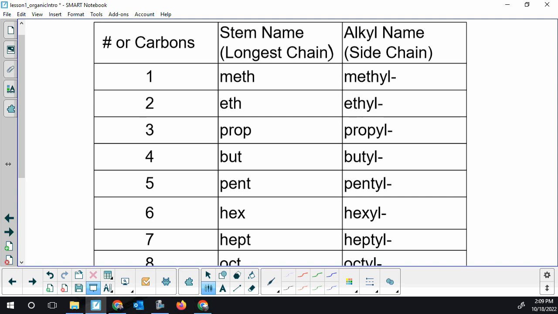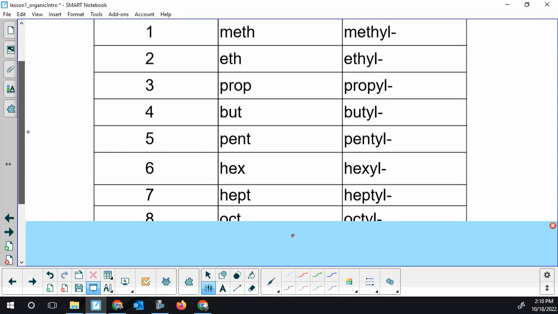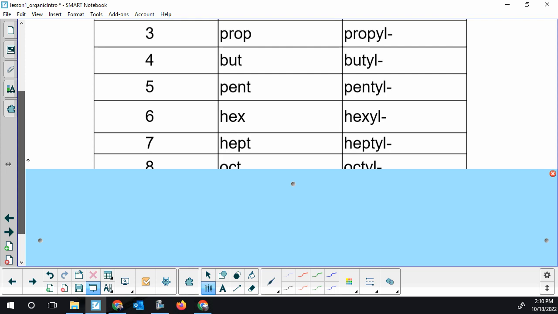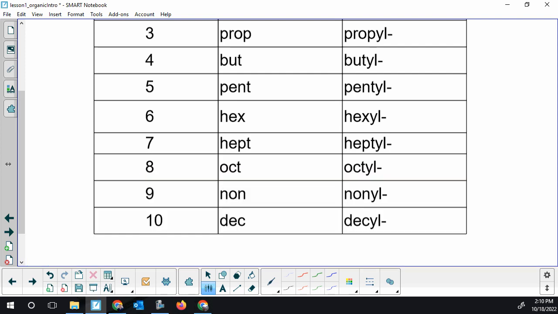Non for 9 and dec for 10. So I've hidden meth and eth, and now we can see 9 or 8 was a bit hidden. 8 is oct, same as an 8-sided shape is an octagon, non and dec.